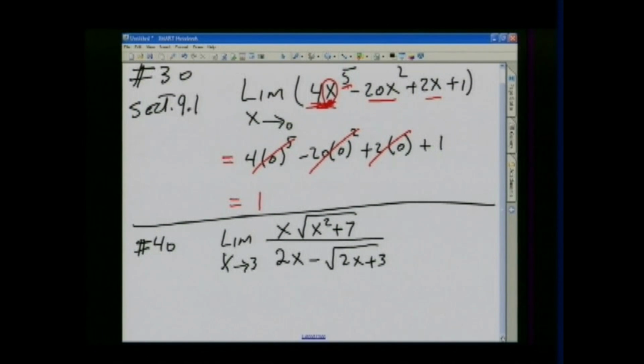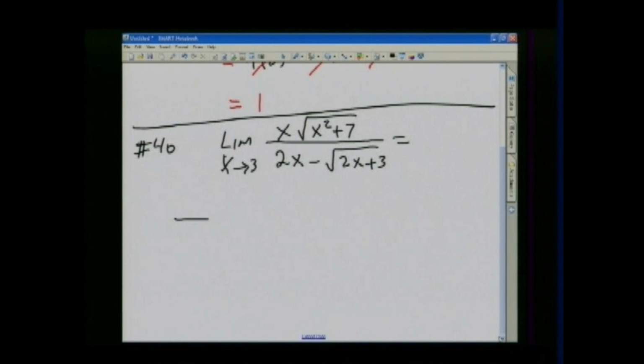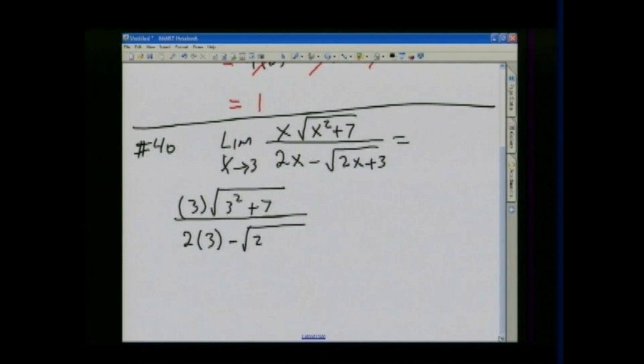You can basically solve this problem the same way you have solved the previous problem. You would say as x approaches toward 3, then this limit would be equal to 3 times square root of 3 squared plus 7 divided by 2 times 3 minus square root of 2 times 3 plus 3, since x is approaching 3.